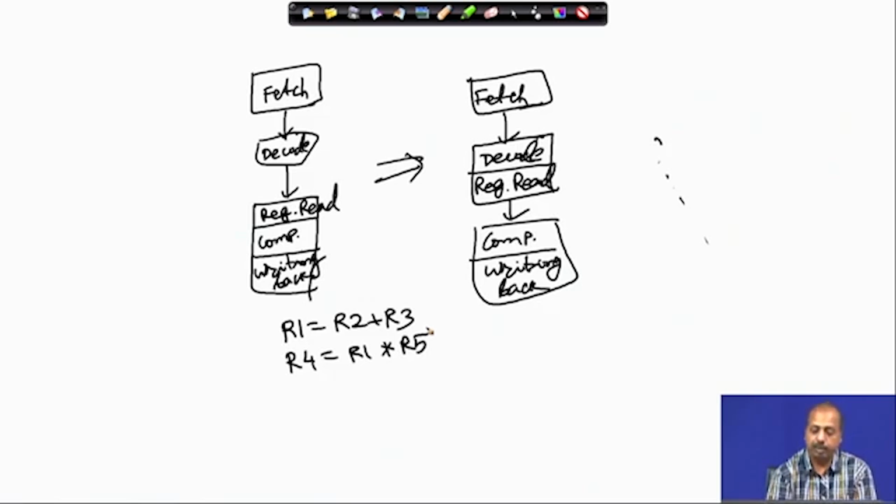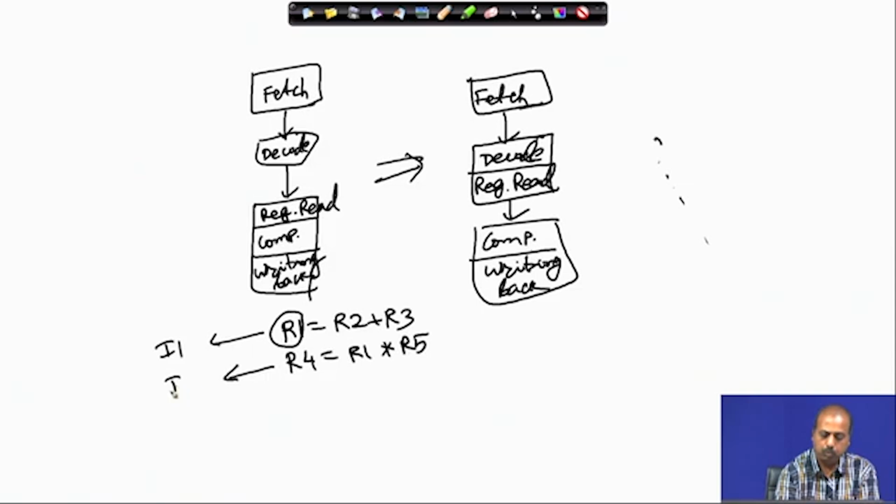So, what is happening is that you see this R1 value that is computed. If this is instruction 1 and this is instruction 2, then only when instruction 1 comes to this phase will the R1 value be updated.